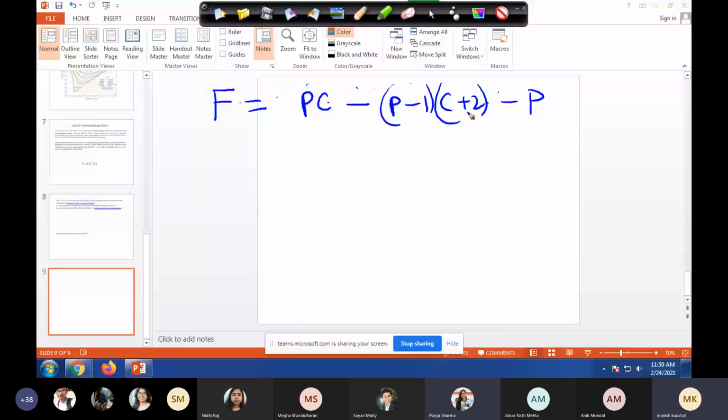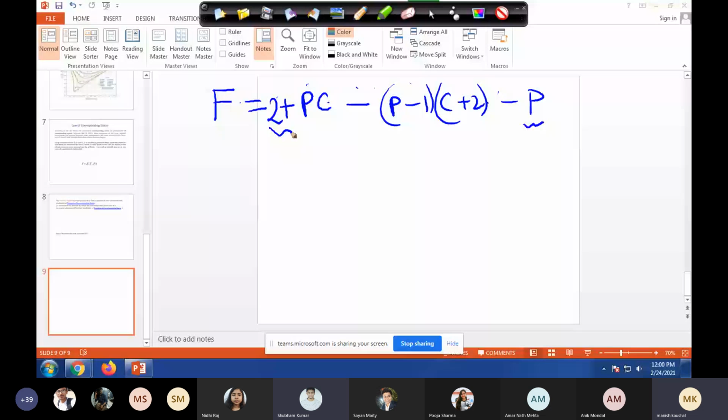The temperature and pressure. Sorry. Yes. Plus 2. Very good. This we are missing. Anything else I am missing? We have such P relation, it's there. Total unknowns PC plus 2.